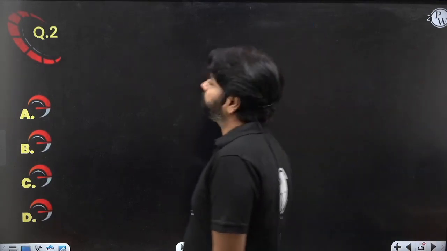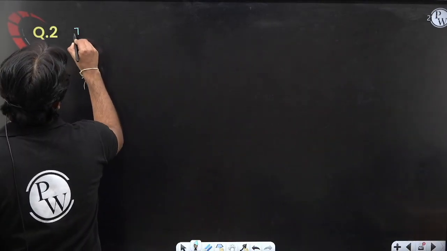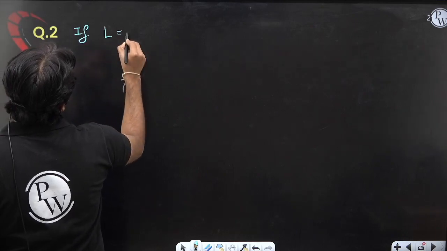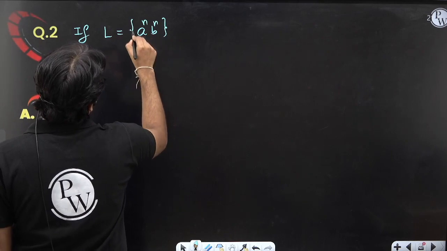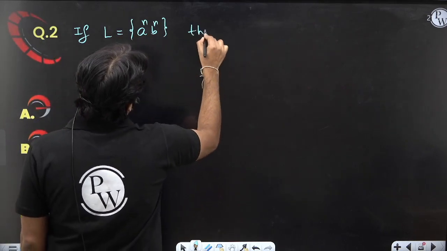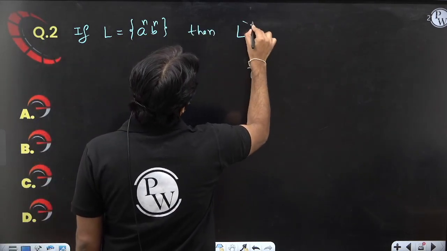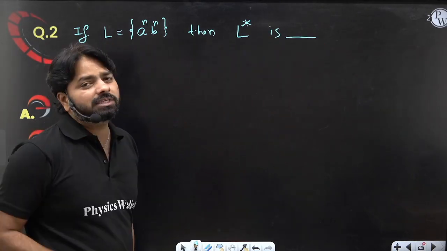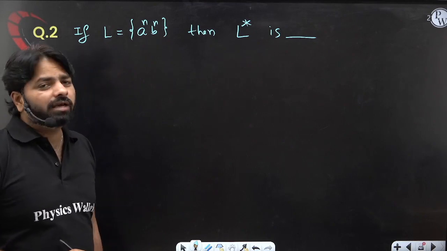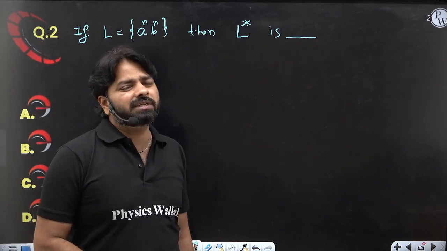Second one, if L is equal to A^n B^n, then L star is dash. When a particular example is given, you should understand. So don't say Kleene closure is not closed for DCFL, that's why it is not DCFL.